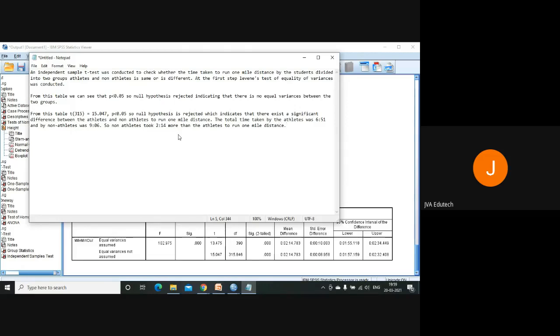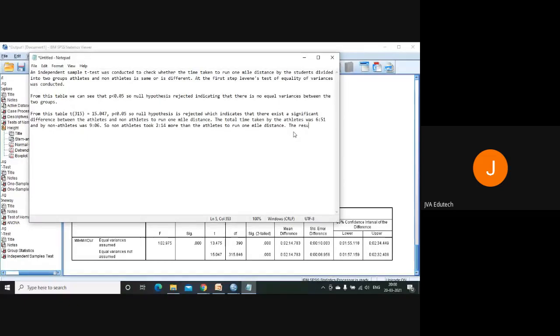Or you can write it the other way, that athletes took 2 minutes 14 seconds less than the non-athletes to run 1 mile distance.